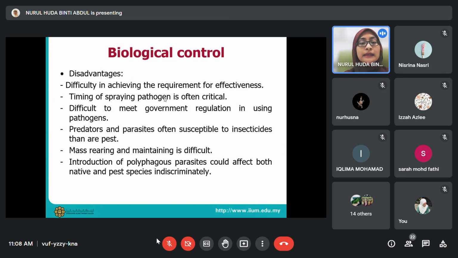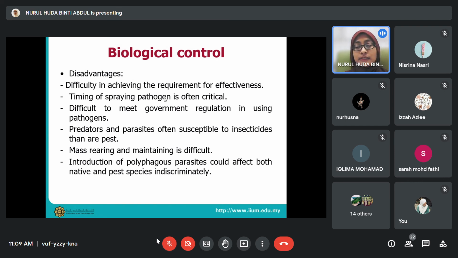Okay, so it has to meet the strict government regulation. Otherwise kalau tak lepas then you cannot produce it. Okay, so usually it's difficult lah to meet this government regulation unless you can say for sure that it's very safe.